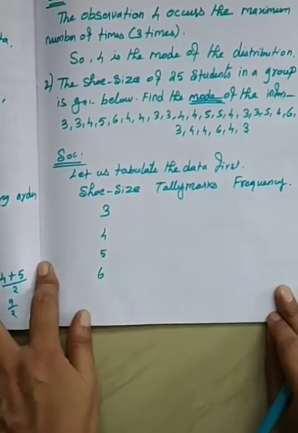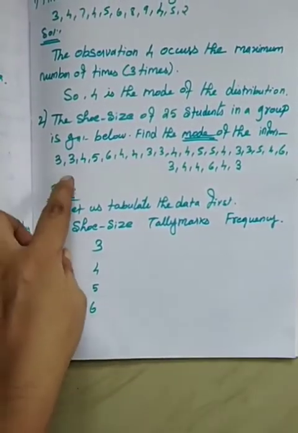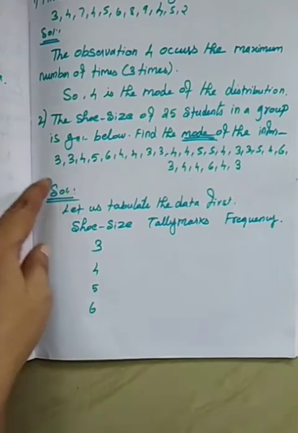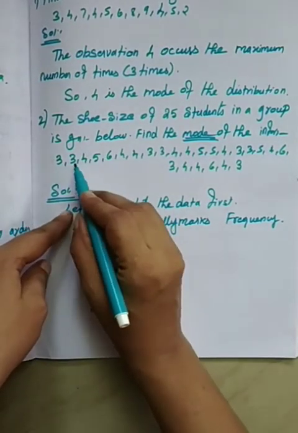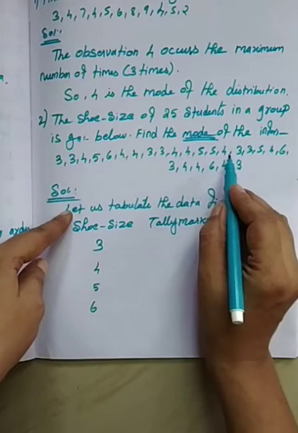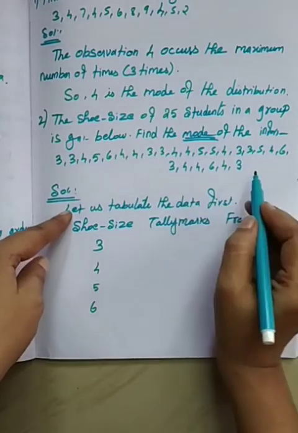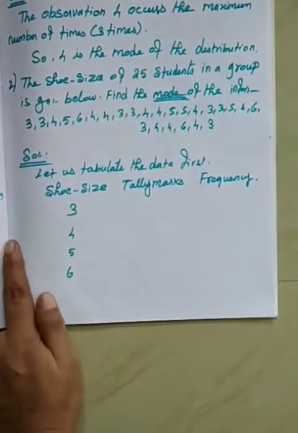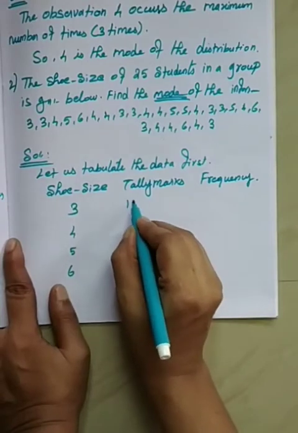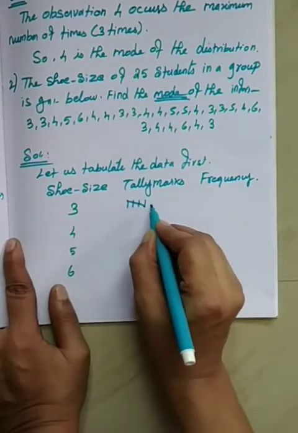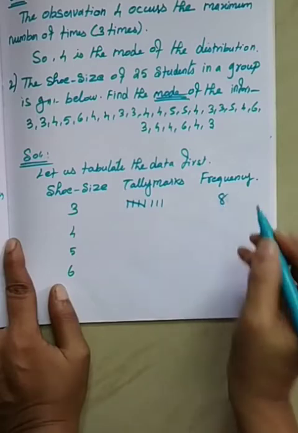Now, tally marks. How many times does 3 appear in this data? Now you have to count: 1, 2, 3, 4, 5, 6, 7, 8. Okay, 8 times. So the frequency is 8.